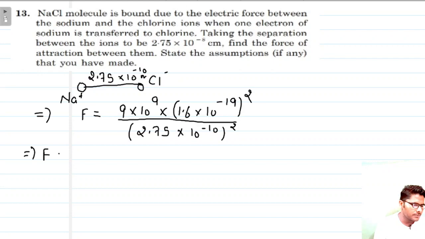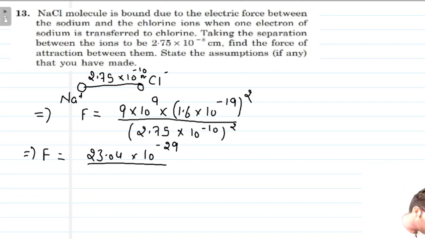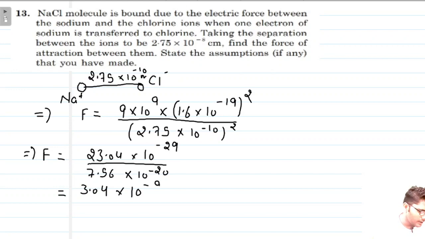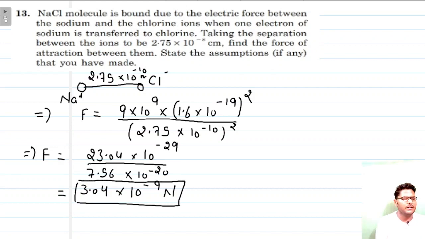So you will get F equal to, on the upper side, as you all know, we have done this many times, minus 29, and on the lower side when you square 2.75 you get 7.56 into 10 raised to power minus 20. When you further solve this, you get the answer 3.04 into 10 raised to power minus 9 newtons. So this much force acts between the Na positive and Cl negative ion.